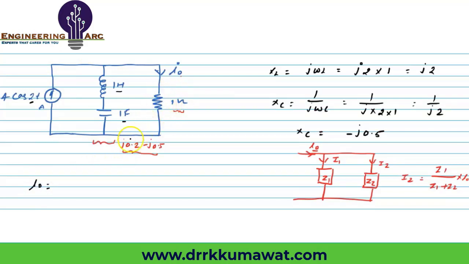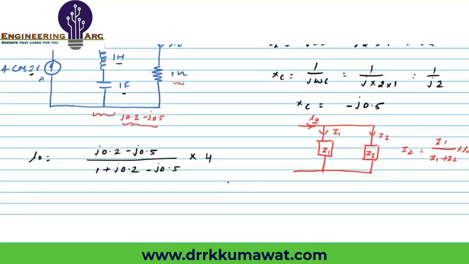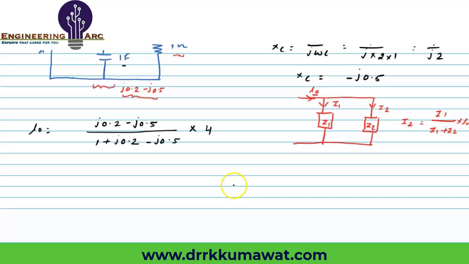The impedance of the opposite branch will be j0.2 minus j0.5, upon the total impedance 1 plus j0.2 minus j0.5, multiplied by 4 angle of 0 degree, because there is no phase shift in the input current.